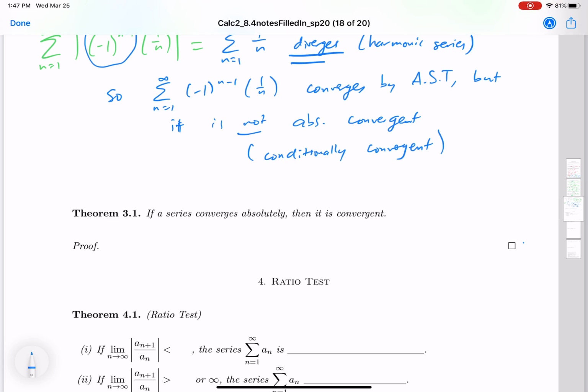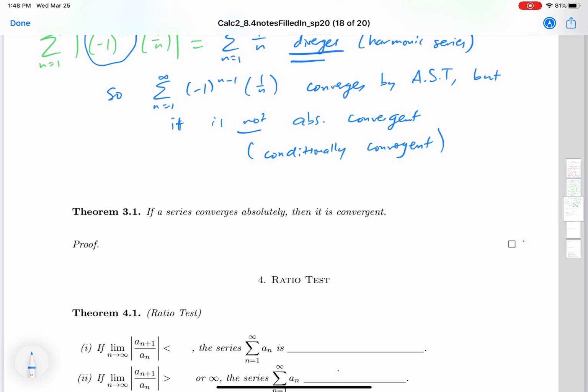And this doesn't actually prove completely that it is convergent, but one way to think about it is if I know the series is absolutely convergent, so when I add up the absolute values, I get to some constant c. Well, that's definitely going to be larger than what I get if I'm just adding up the terms.